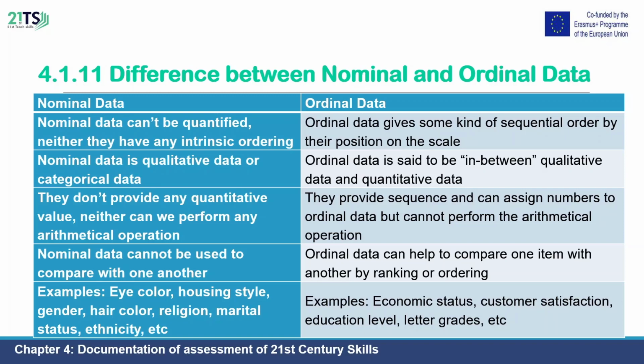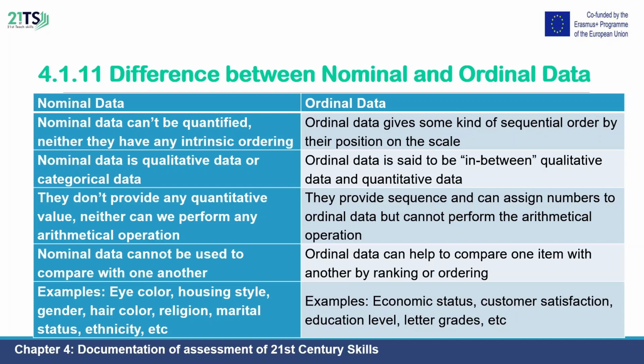Nominal data cannot be used to compare one another, and ordinal data can help you compare one item with another by ranking or ordering. For example, eye colors, housing styles, gender, hair colors, religion, marital status, ethnicity, etc. are part of nominal data.